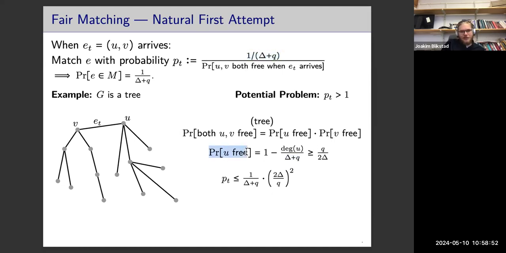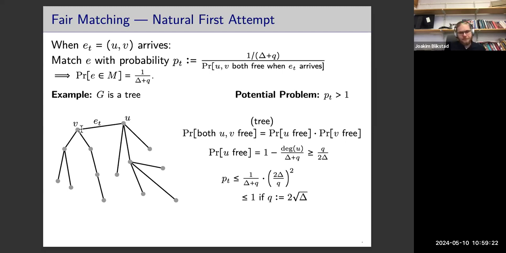And then we plug in what we got for the probability U free and V free, which is this q over 2 delta term. And we see that this is smaller than 1 as long as we set q to be like 2 root delta, which is kind of an indication that you need roughly this slack q to be root delta. You cannot hope for anything better, even if things behave completely independently and you're on a tree and things like this.